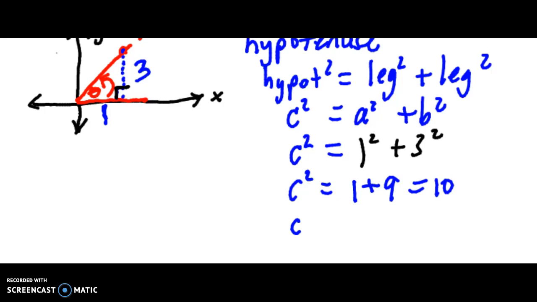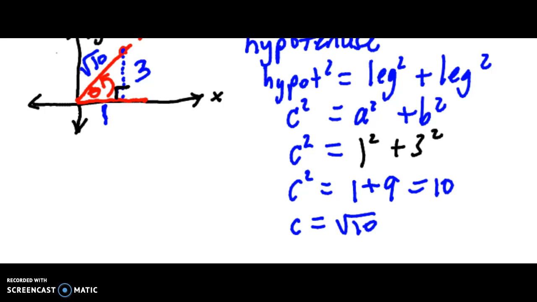So c would equal the square root of 10, because remember, the inverse of squaring is to take the square root. So that means the hypotenuse has a length of the square root of 10. And we're going to use each one of these lengths to find the trig functions.